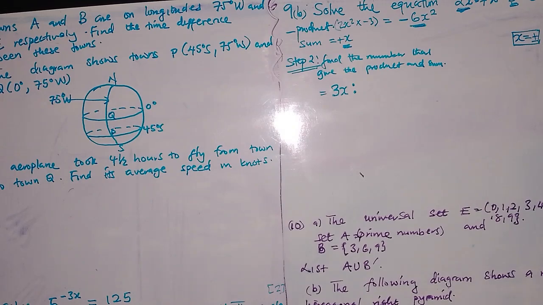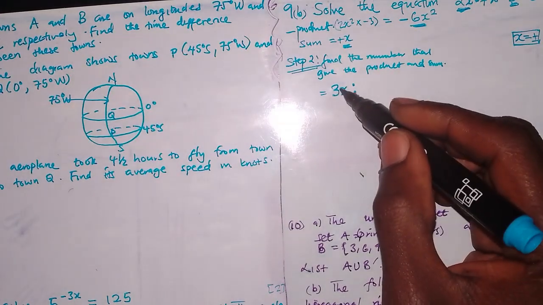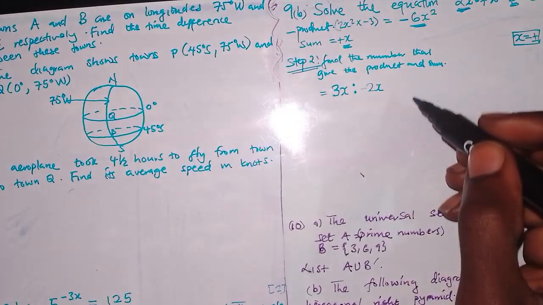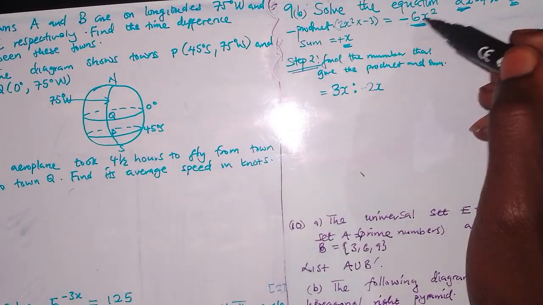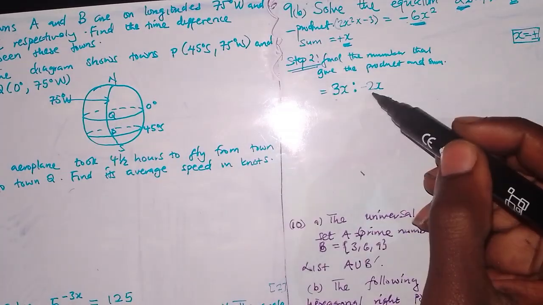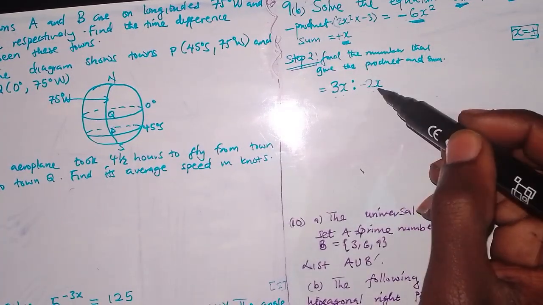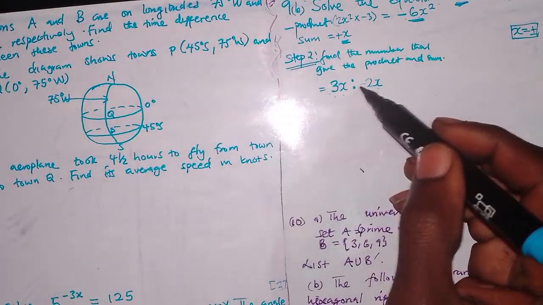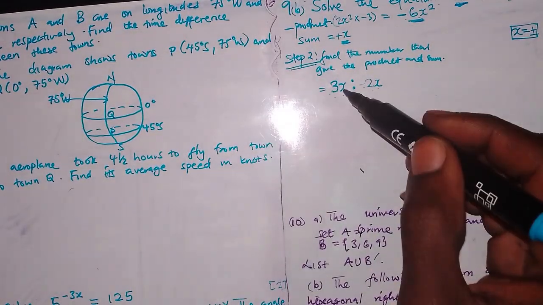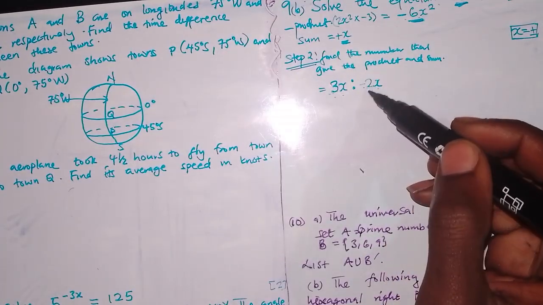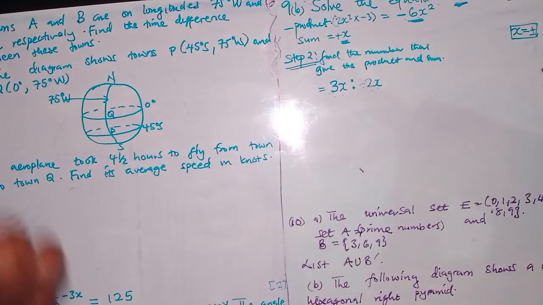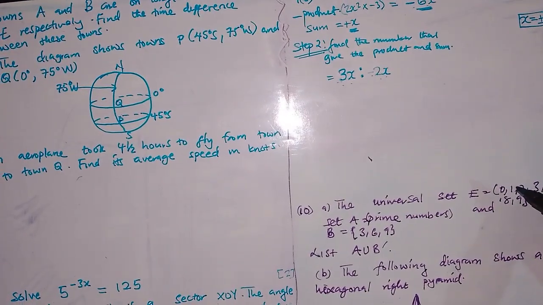Because if we multiply 3x times negative 2x, we get negative 6x squared. 3 times 2 is 6, and x times x is x squared. Then if we add them, we subtract 3x minus 2x, which is x, and you take the sign of the bigger number, which is positive 3. So these are the two numbers.